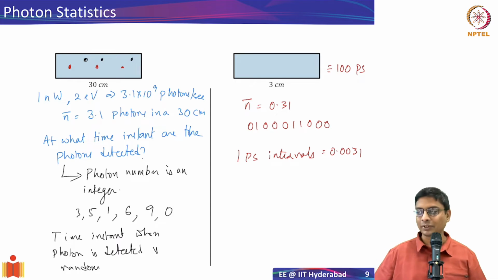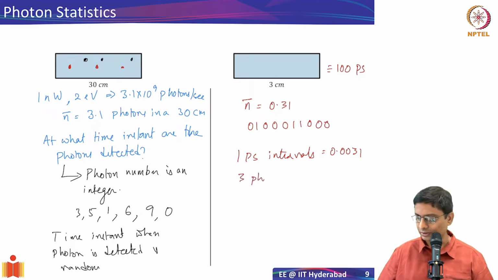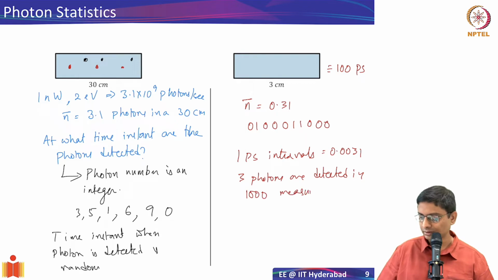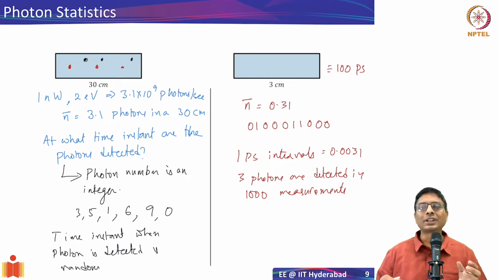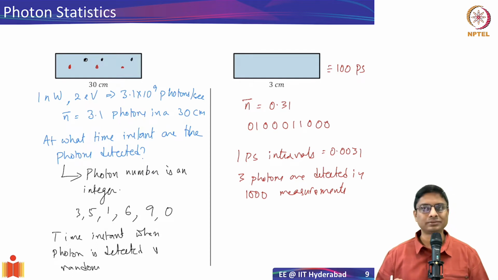That's the average number of photons. That means you will have 3 photons detected in 1000 measurements, and you have no way of predicting what those 3 instances are.